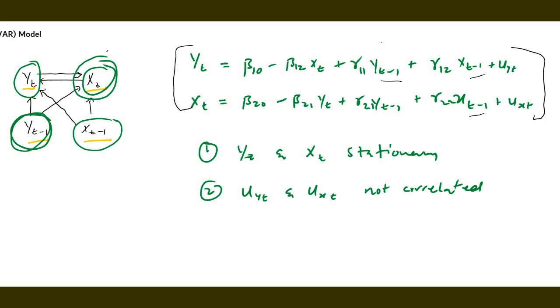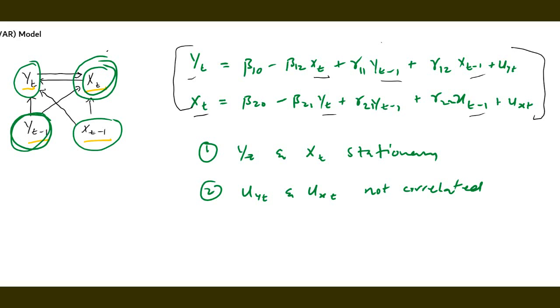Also, this model is contemporaneous. It has contemporaneous effects. xt affects yt, but that effect is separate from the second equation where yt is affecting xt. Both these effects are separate. So the equation is basically not in its reduced form.